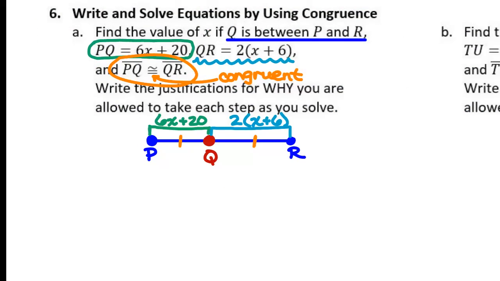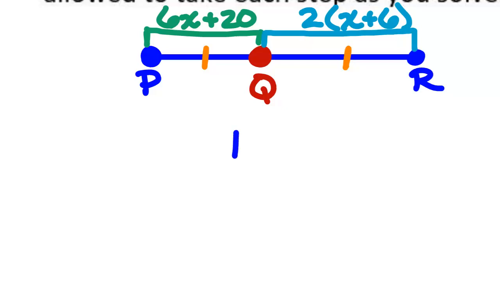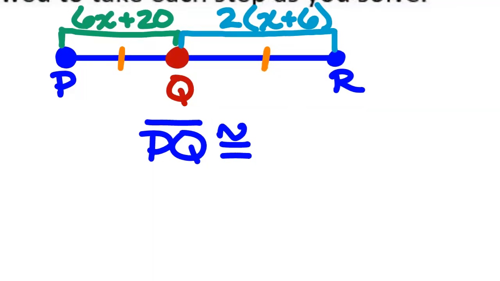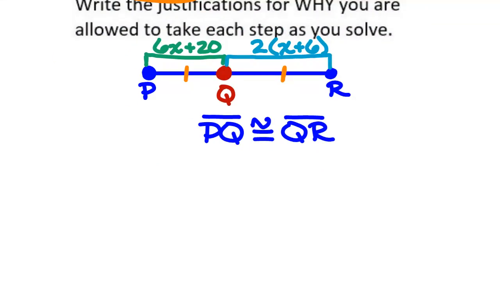All right, we need to find x here now. We were told that segment PQ is the same size and shape, is congruent to segment QR. If the shapes are the same, then that means their lengths are, I'm looking for an E word, equal.